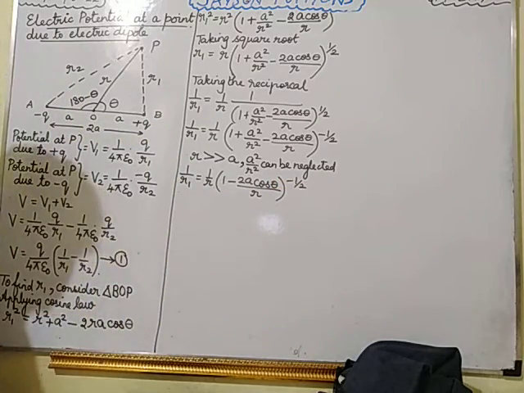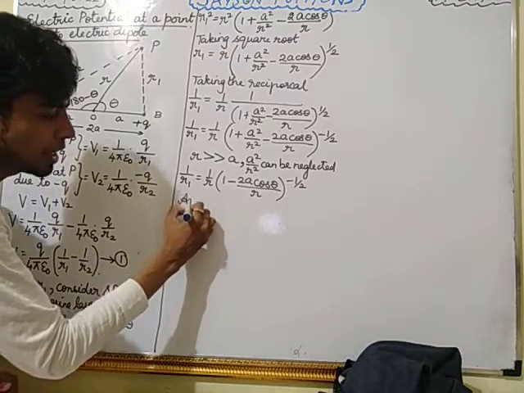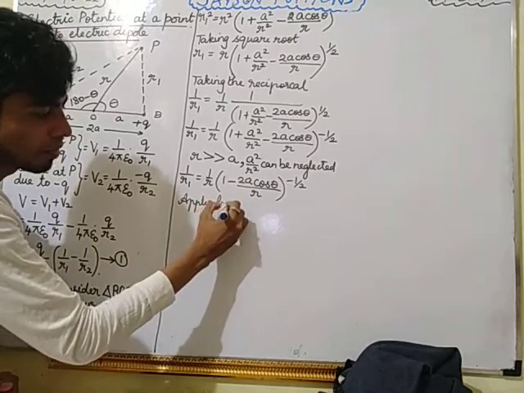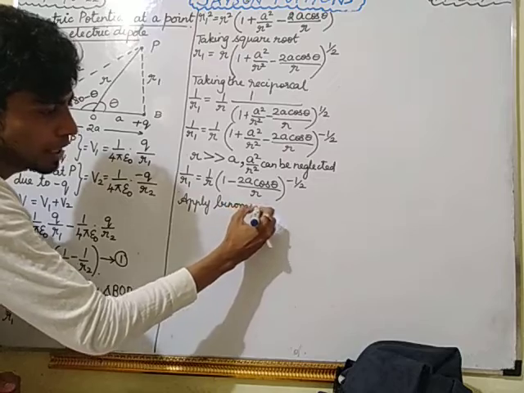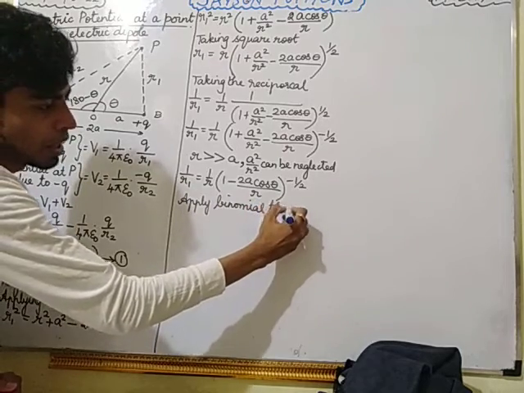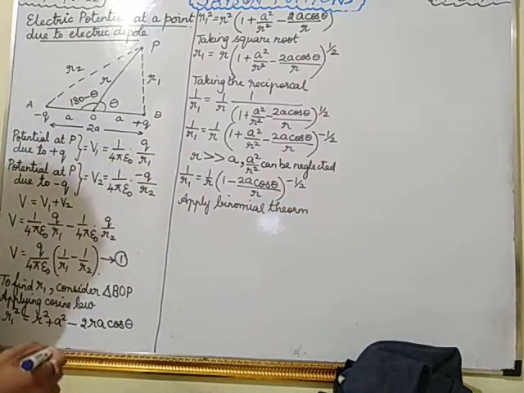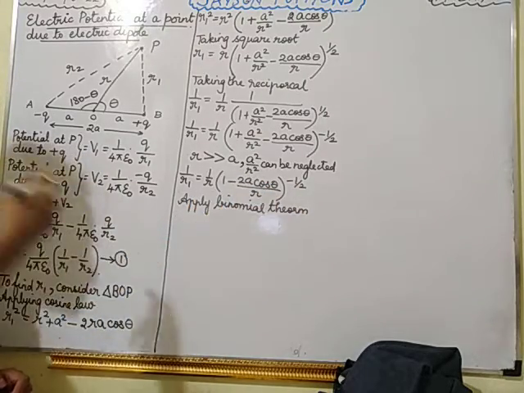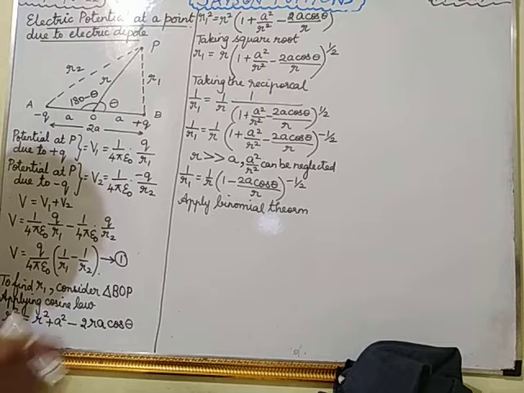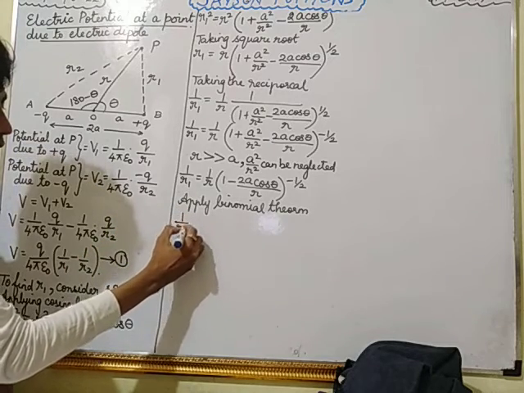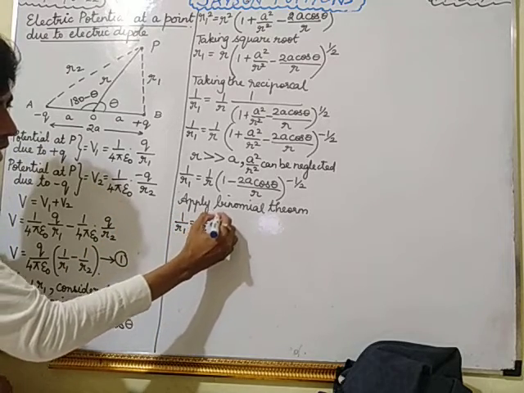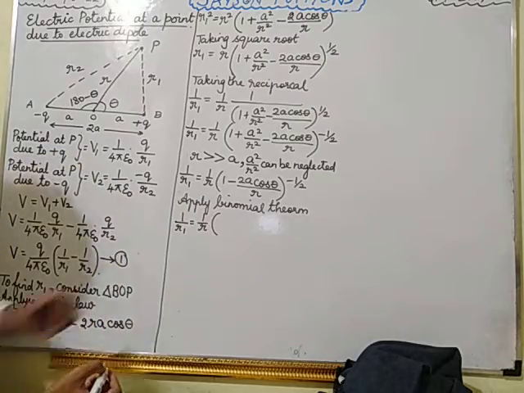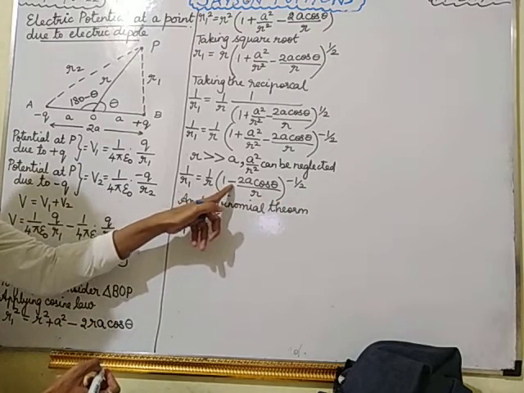Now I am going to apply the binomial theorem in this. Binomial theorem is very easy. You just have to multiply this power to this second term. So what will you get? 1 by R1 is equal to 1 by R into, this power I have to multiply to this term.